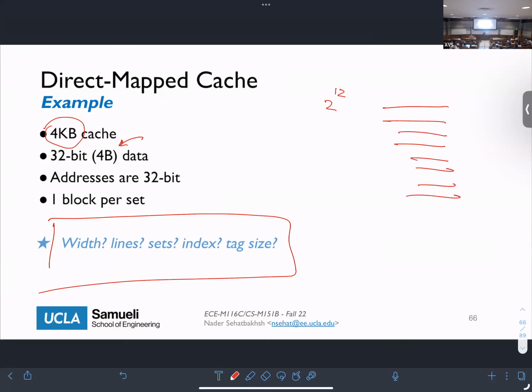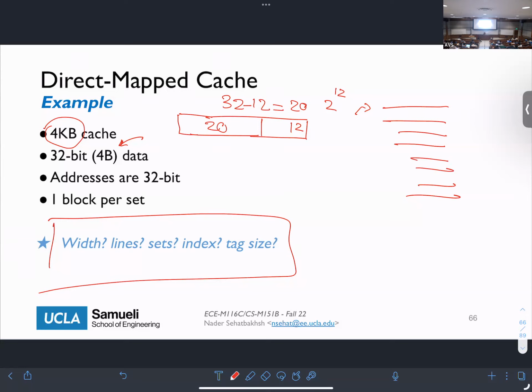So the address to access this cache is the first 12 bits of my address, right? For now, let's assume that each block is 1 byte, and then I'm going to go to 64 bytes and see what changes. If we're doing that, then my tag size would be 32 minus 12, or 20 bits. And these 20 bits would be the size of each entry for my tag.